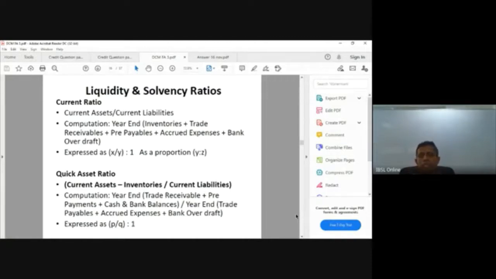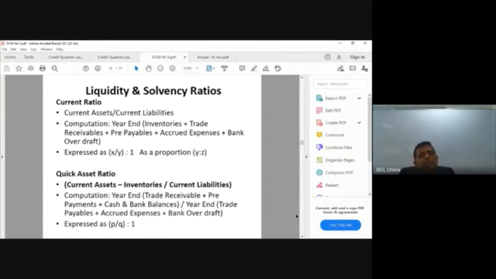Therefore, the argument is in order to settle current liabilities, you have to have adequate current assets. If there are no adequate current assets, you have to sell off some of your fixed assets or non-current assets in order to settle the current liabilities. Therefore, the normal acceptable norm is when you have current liability of 1, at least you have to have current assets of 2. That is the proportion accepted.